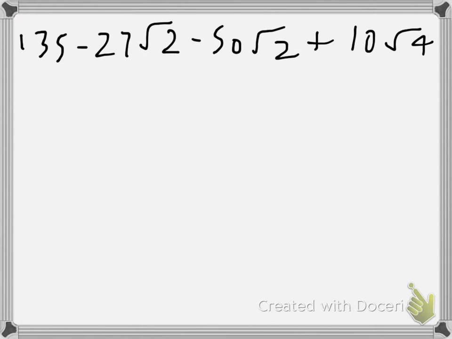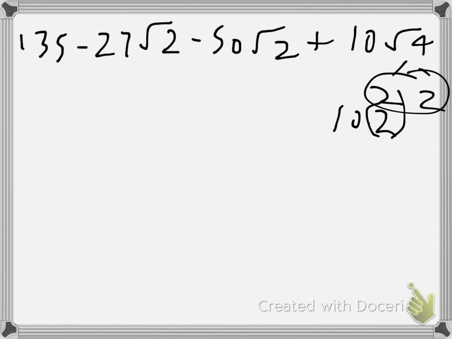So now that we have this, to completely simplify it, we just have to bring out our perfect squares. So when you bring out the 2 this time, you have to multiply it by that 10. So you're going to have 10 times 2, which is 20, plus now this right here. These can combine.